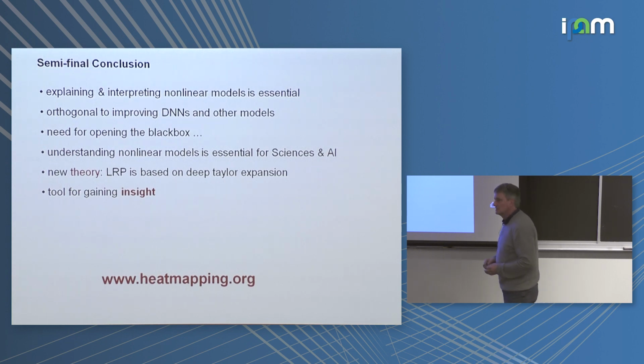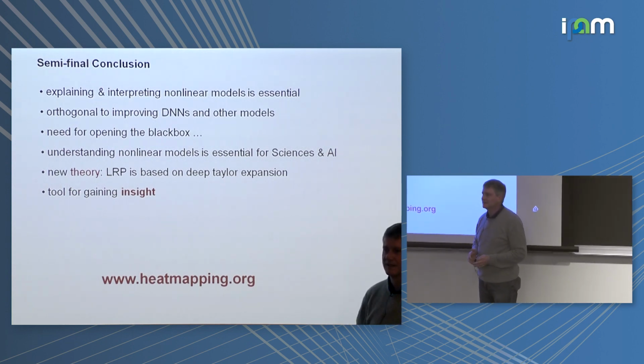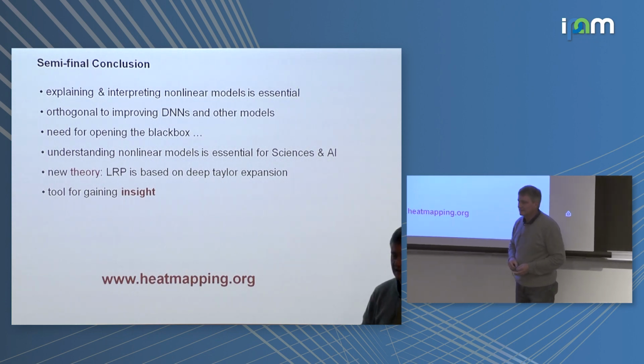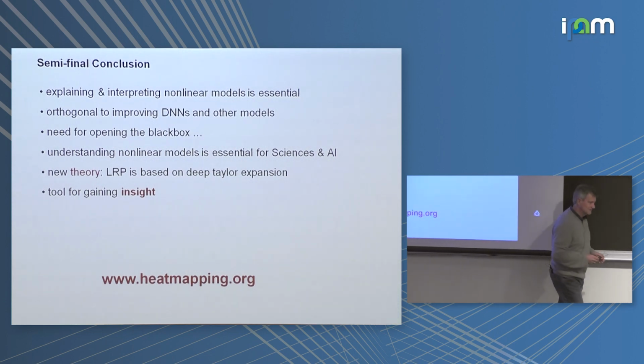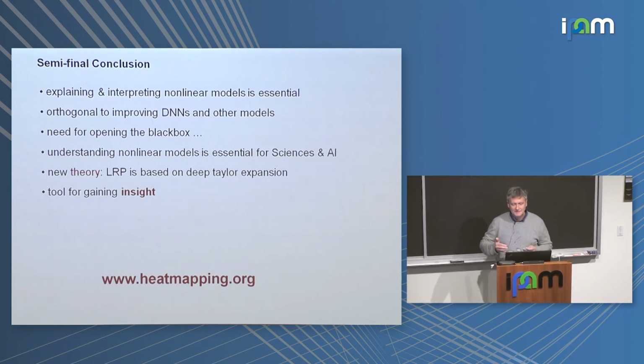So it is important to understand what they're doing and that they're not doing some artifactual nonsense, some Clever Hans, whatever. Therefore, I think it's a basic technique that we can apply to understand things. There's some theory going with it. It's a tool for gaining insight.